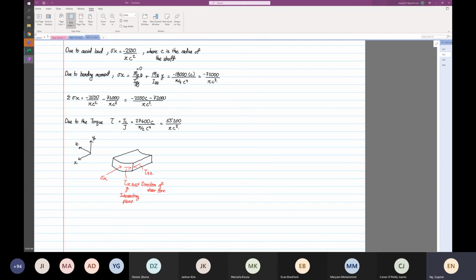So I'm going to draw this in a way that you're more familiar with. I'm going to reorientate the transformation now. So I'm going to call this my X, then I'm going to call this my Y, and then this direction is my Z. I'm going to draw the element in 3D orientation now, which you are more familiar with.